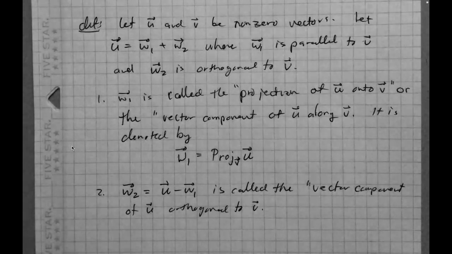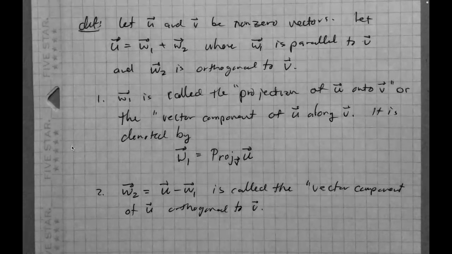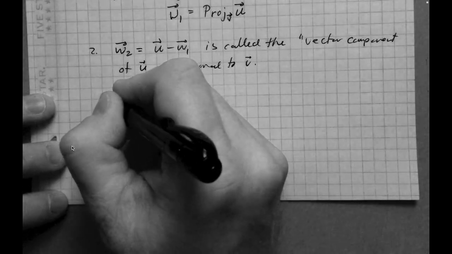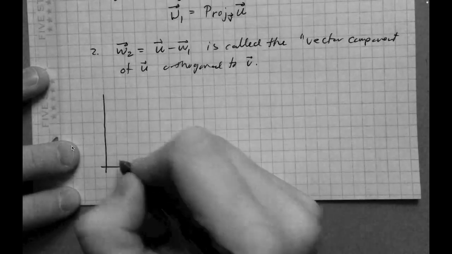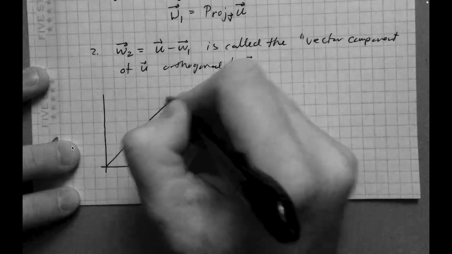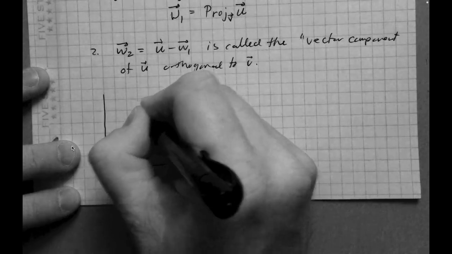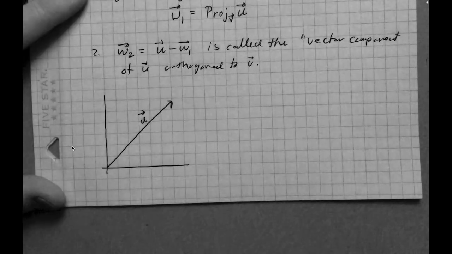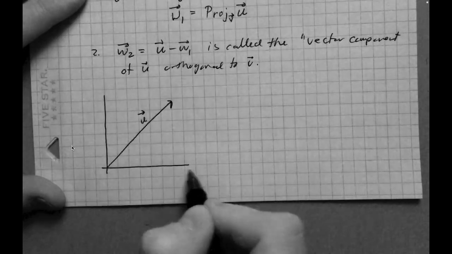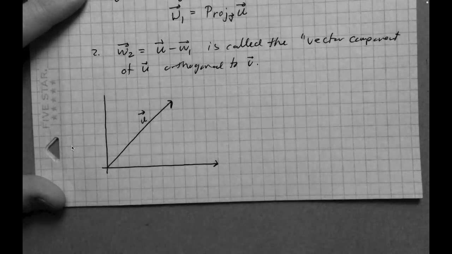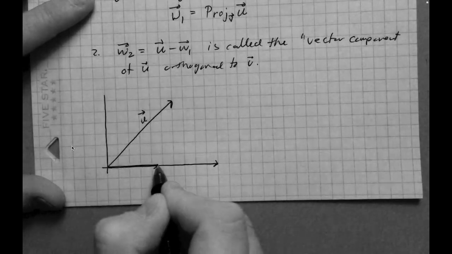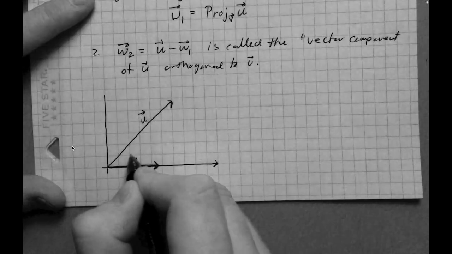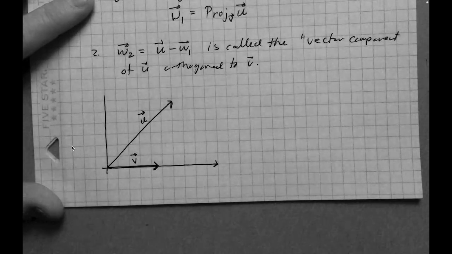So let's just draw a picture here and see if we can figure this out. What is this talking about? We'll do this in 2D space. I've got some vector u, this is my u, and let's have this come out a little bit more here. And then I've got some other vector here, v, kind of this shorter vector.